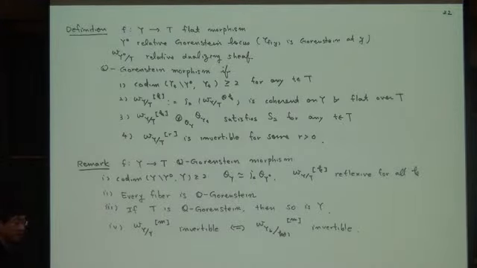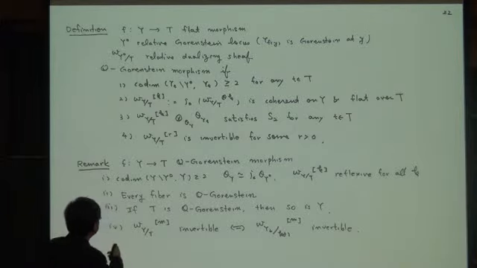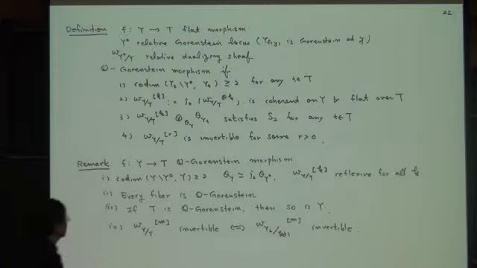This is Kollár's condition. Actually, our definition is more general than Kollár's definition. Kollár always assumes Cohen-Macaulay, but we do not assume Cohen-Macaulay. That condition is not much related to the Cohen-Macaulay condition, and we do not assume it.